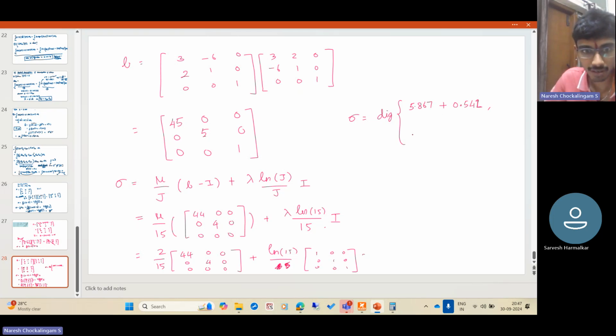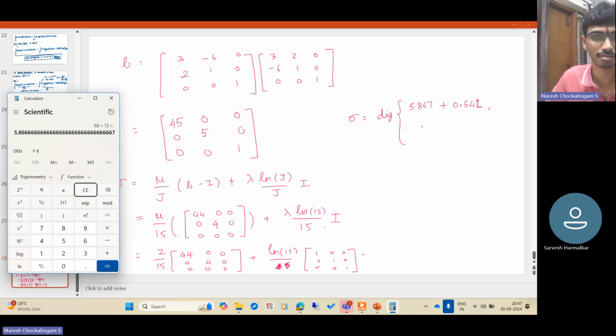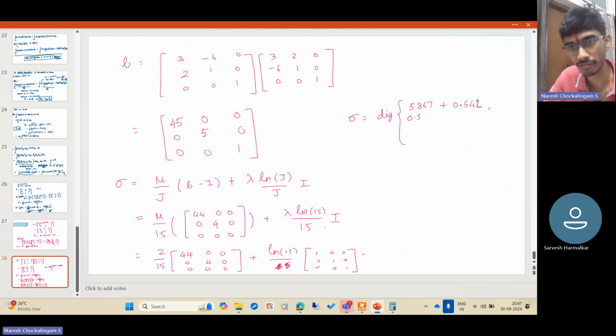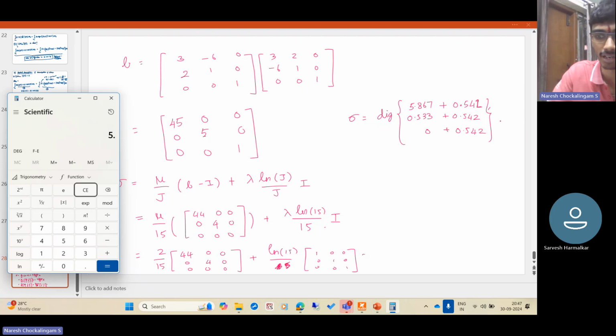The second one is 8 by 15, so it is 0.533. The third one is 0, so it is just 0.542. So 5.867 plus 0.542 is 6.409.